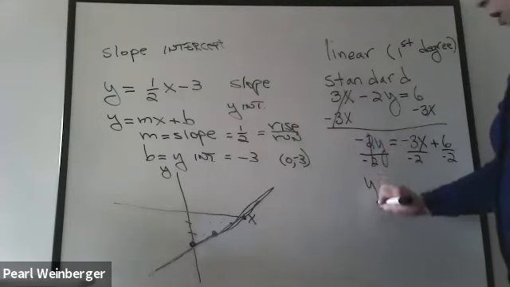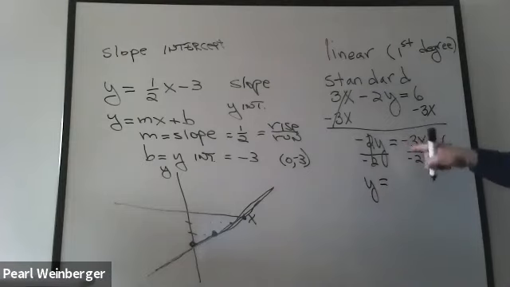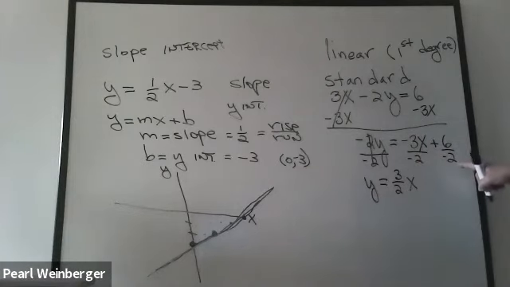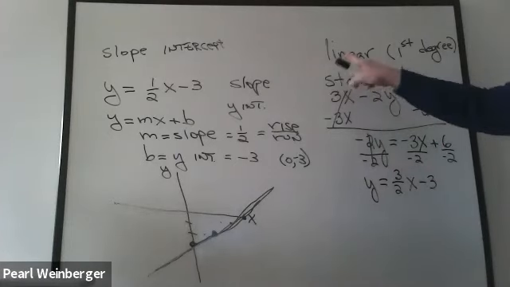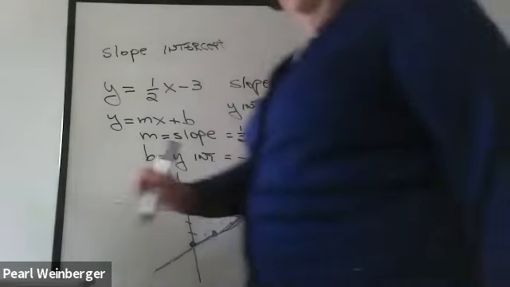That will give me y equals, well, a -2 divided by a -3, a negative and a negative is positive, is 3 over 2x. And 6 divided by -2 is -3. I have transferred from the standard format to the slope-intercept format. Does anybody have a question as to how I did that?